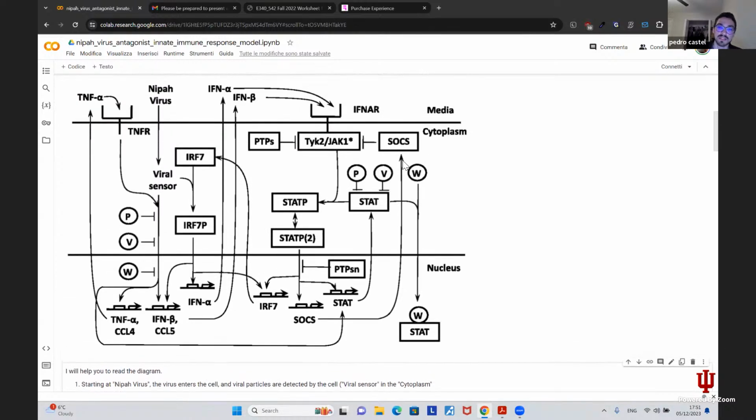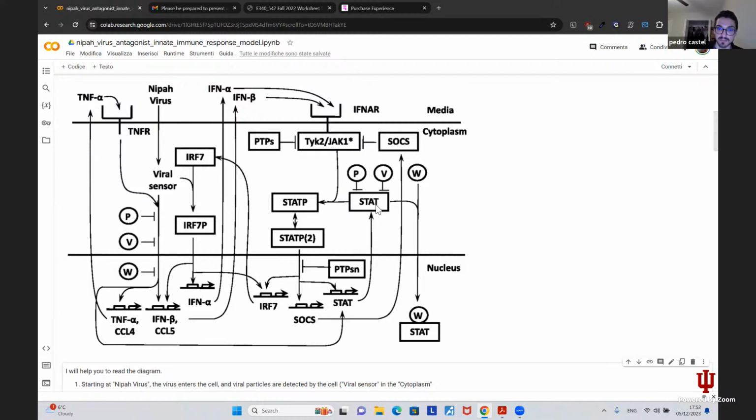Oh yeah, the last thing I almost forgot to mention is P, V, and W act mainly by inhibiting the STAT signaling pathway.